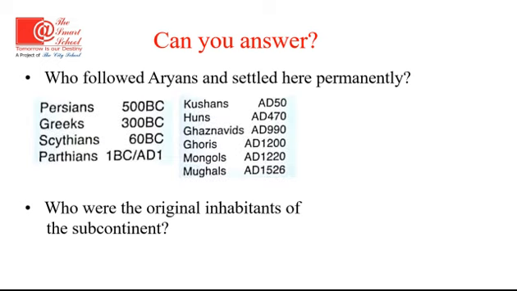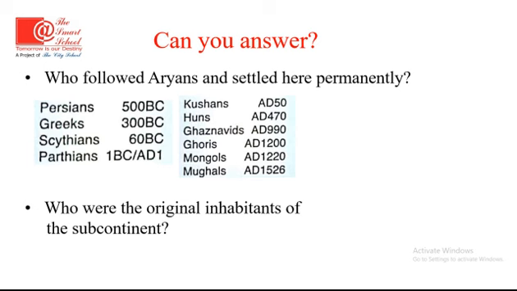There were Persians in 500 BC, Greeks in 300 BC, Scythians in 60 BC, Parthians in 1 BC or AD 1, Kushans in AD 50, Huns in AD 470, Ghaznavids in AD 990, Ghoris in AD 1200, Mongols in AD 1220, and Mughals in AD 1526.